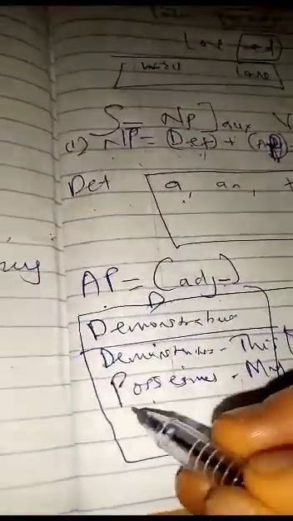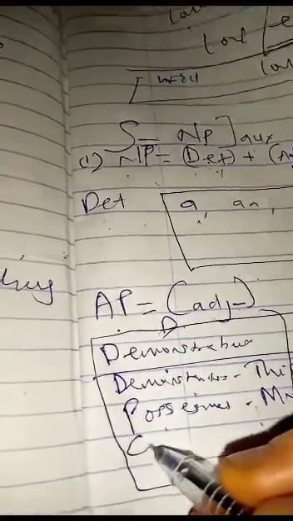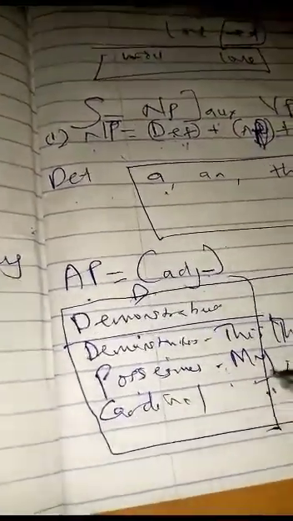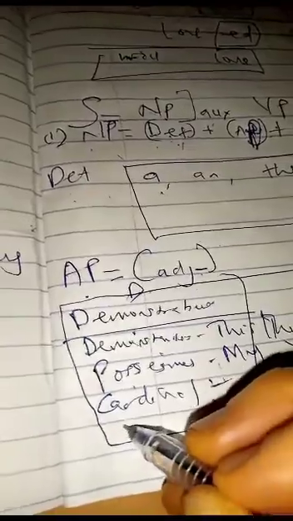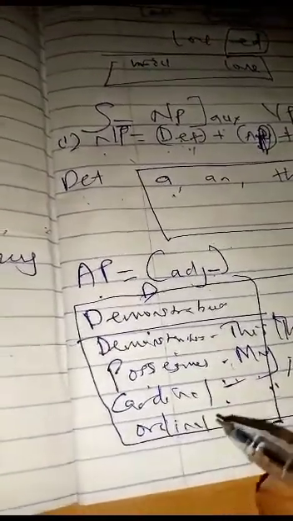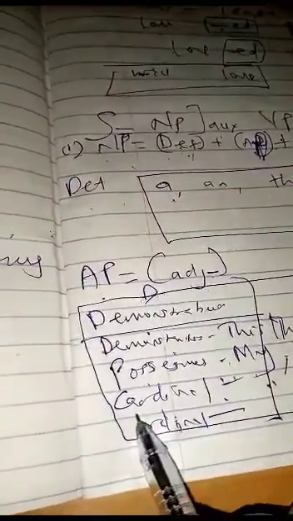Then we have cardinal adjective as opposed to ordinal adjective. The cardinal adjectives are like 1, 2, 3, 4, 5, and so forth.